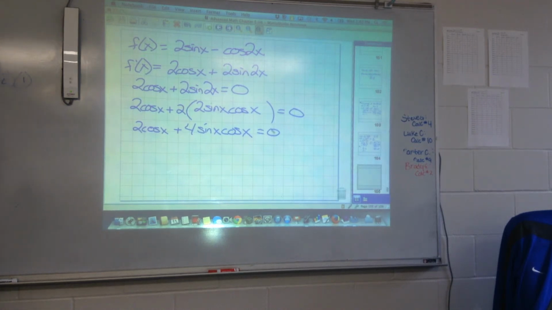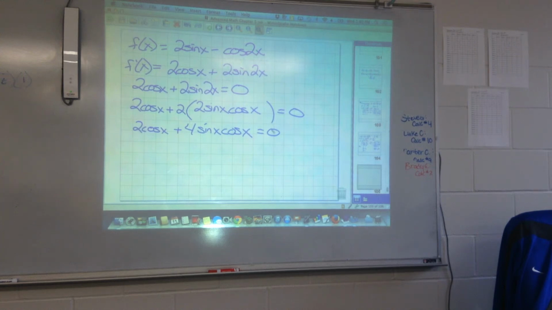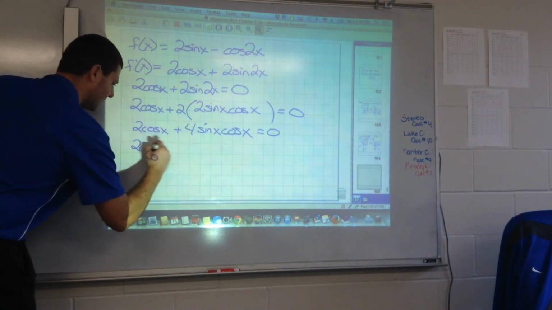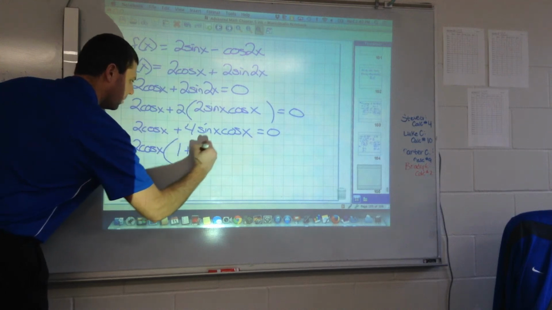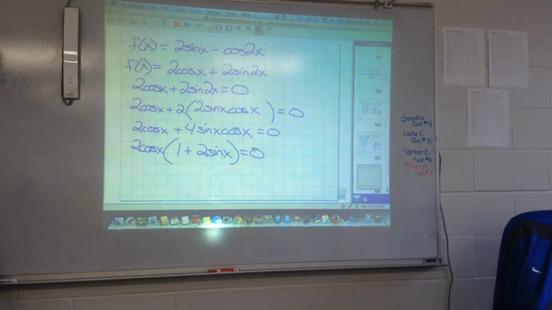But if you would get to this point, I think this is something you definitely can be able to do. What do you think? Take out a 2 cosine x, and you get 1 plus 2 sine x. Now you factored it.